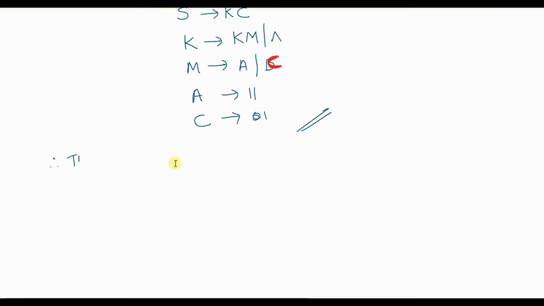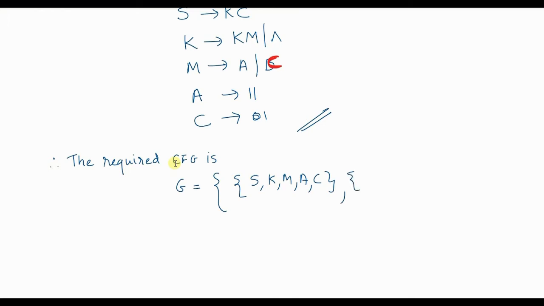Therefore, the required CFG is G equal to, okay, and the set of non-terminals is S, K, M, A and C. Okay, the set of terminals is what? 0 and 1, only two terminals. Start symbol is S. Okay, so this is the set of non-terminals N, T, S, and productions.